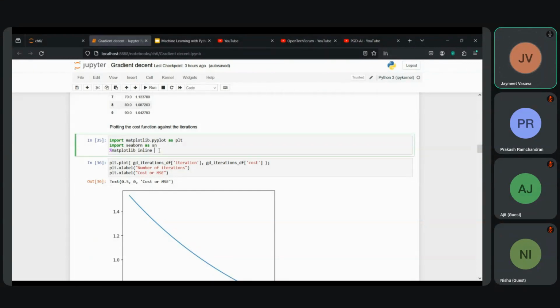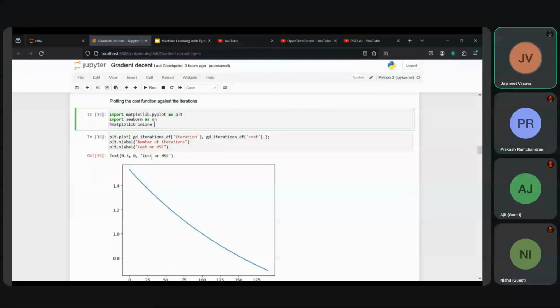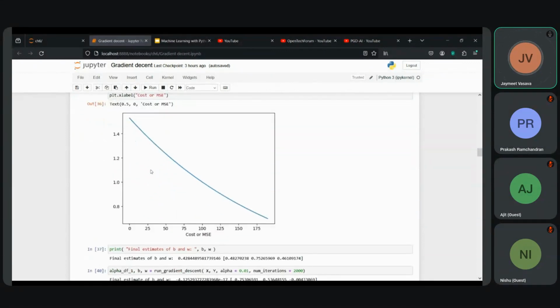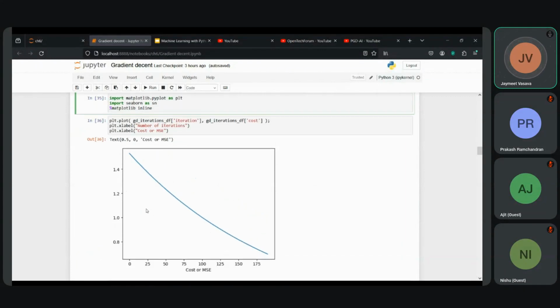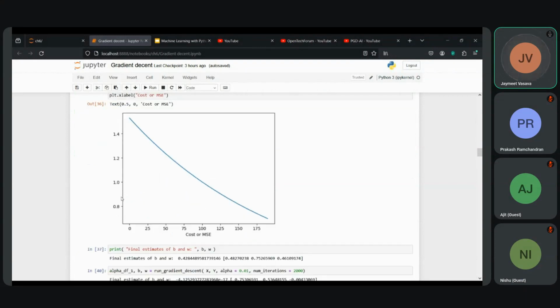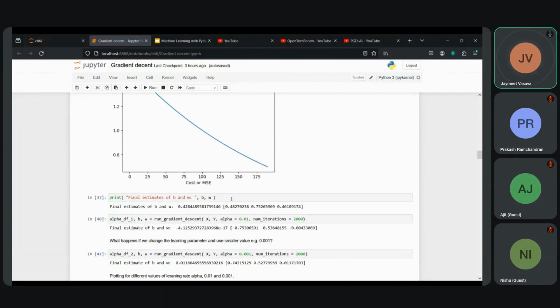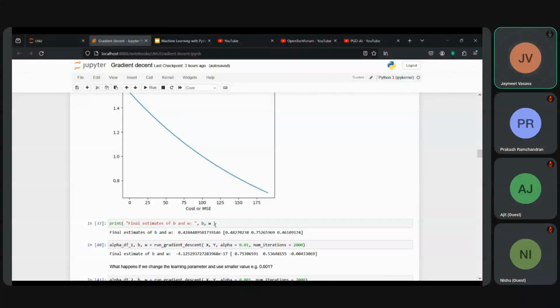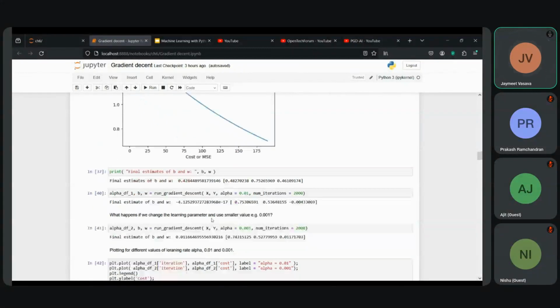So when we plot, this is the graph that we are getting for the cost and the number of iterations. So as you can see, with the increasing iteration, it is decreasing. So we are trying to see whether it decreases further or not.